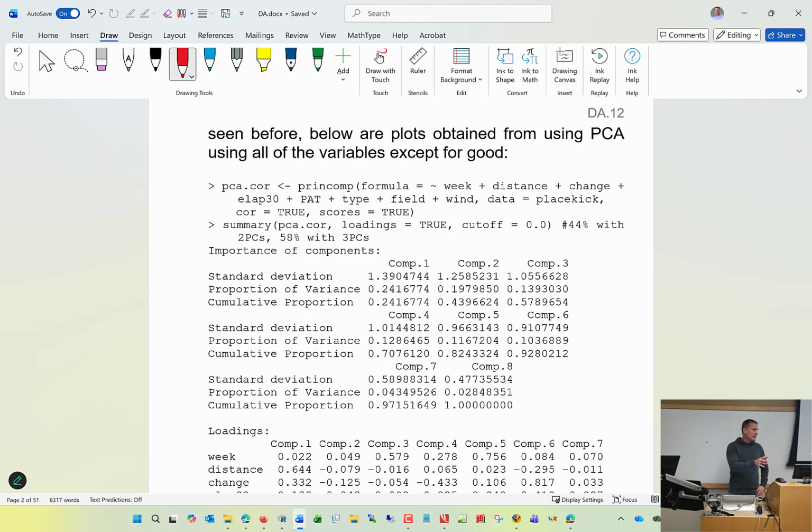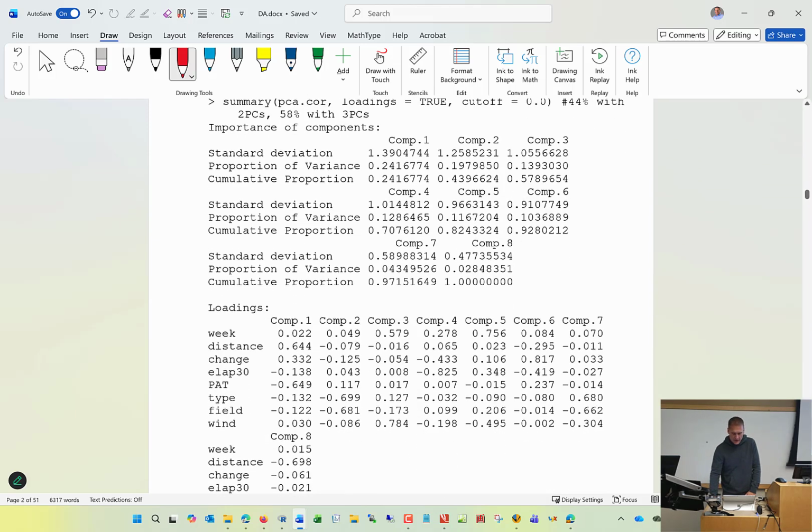Do some plots. Do principal component analysis, so that you can get an idea of, will this work? Is there something here that will help me determine if this place kick is going to be a success or a failure? And so what I did here is I did principal component analysis. Of course, I used the correlation matrix.